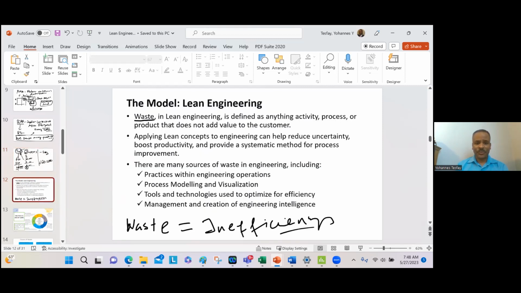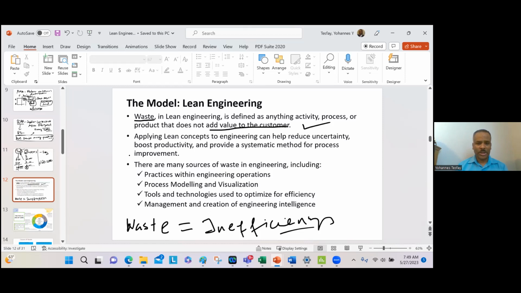So lean engineering defines waste as any activity or process that does not add value to the customer. Mitigation of the issue without affecting the customer values is what we are going to look at.